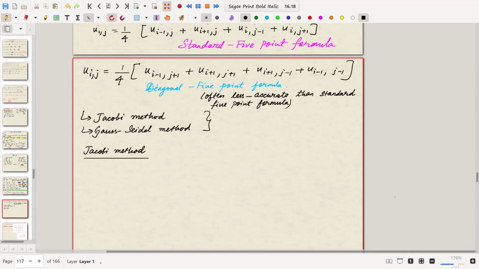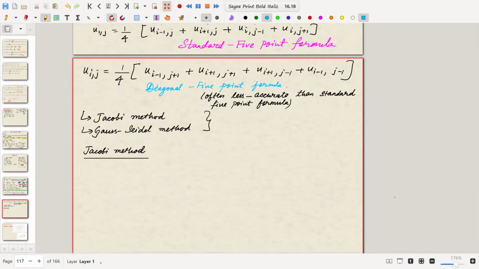Where should I put the iterations? In numerical methods, there should be a future value which depends on the past to iterate. That's how you get to the solution. So this formula, what I wrote here, has to be modified for iteration schemes. Jacobi method will look exactly like the standard 5-point formula, but with iteration.